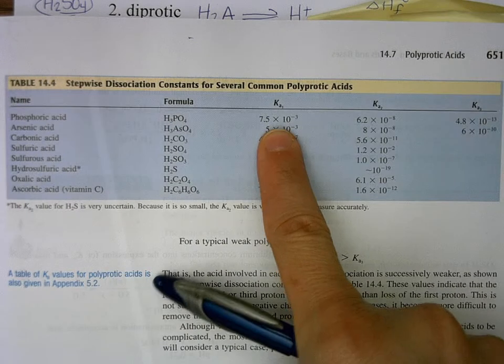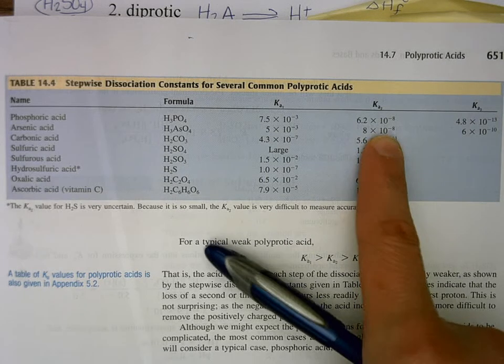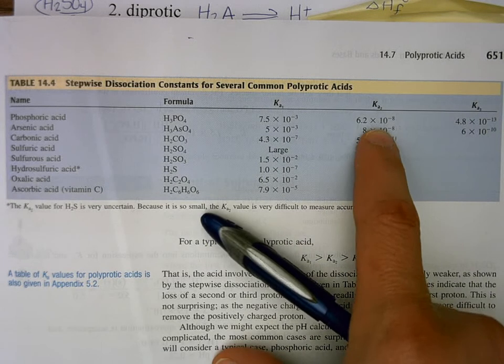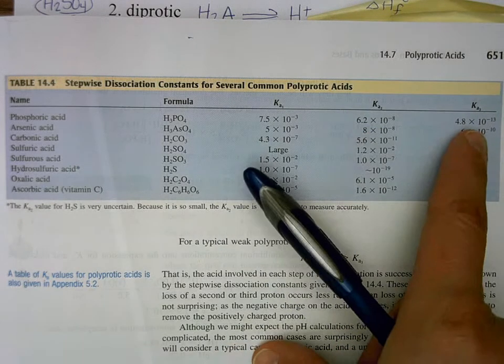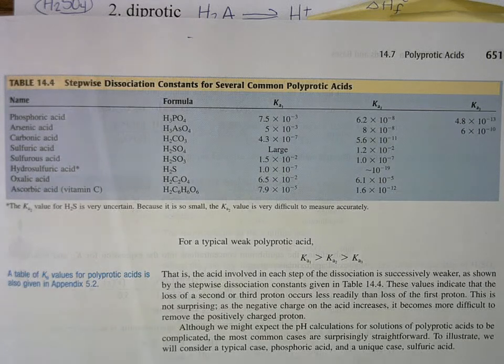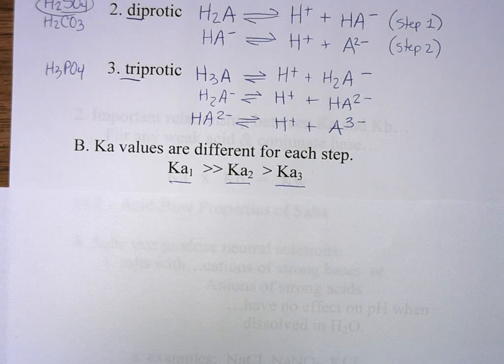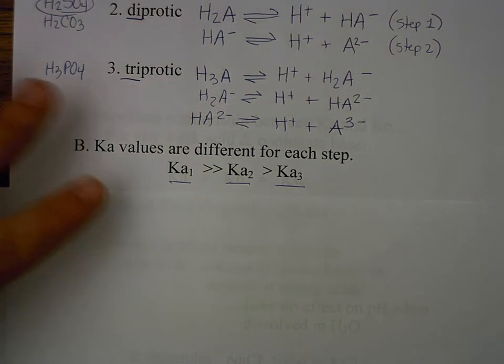And that number is always much bigger than the Ka2, which is the dissociation constant of the second hydrogen. And so you're going to have a much smaller percentage of dissociation for the second one, and even a smaller dissociation for the third one. And so the numbers just get smaller the more steps you have in the dissociation. Okay, so that's it. You need to know those things about polyprotic acids.